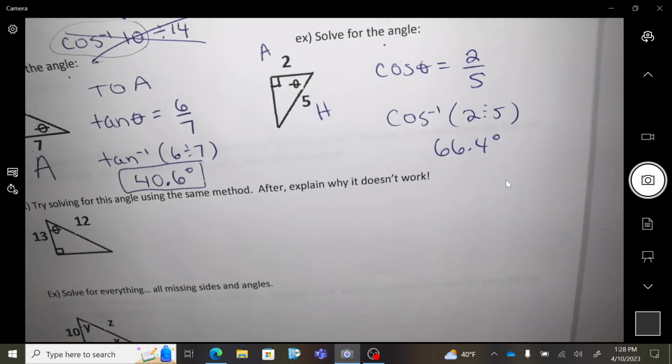Anybody feel super confident in their answer that they want to shout it out? 66.4?